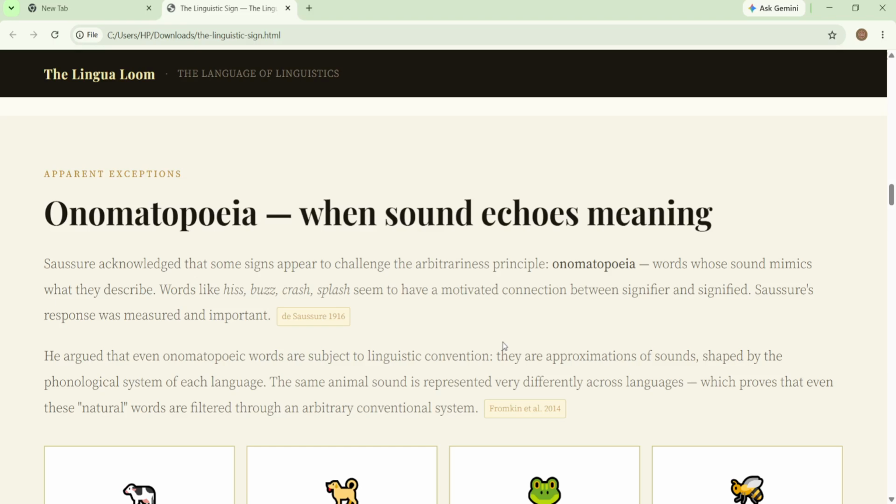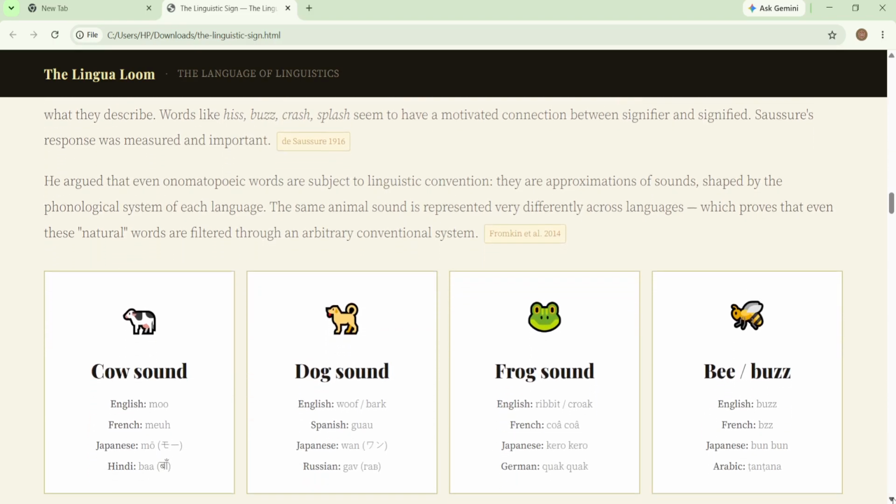So he argued that even onomatopoeic words are subject to linguistic convention. They are approximations of sound shaped by the phonological system of each language. The same animal sound is represented very differently across languages, which proves that even these natural words are filtered through an arbitrary conventional system. This shows that onomatopoeia, like buzz, is not just random. They follow a proper structure of a language, so that's how they're decided.